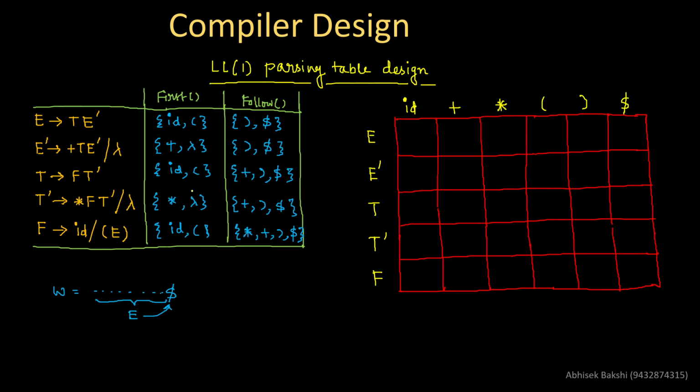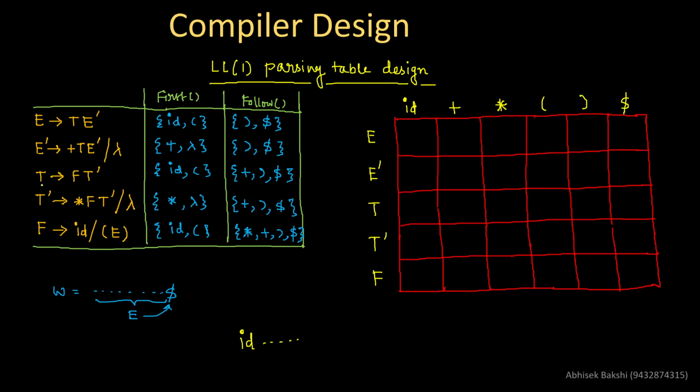Now why am I saying ID and opening brace? Suppose you see, if you have ID at the start of the string and maybe many other characters are there, but since ID is present, there is a possibility, and this is the first character, right? So this first character is generated by which non-terminal?